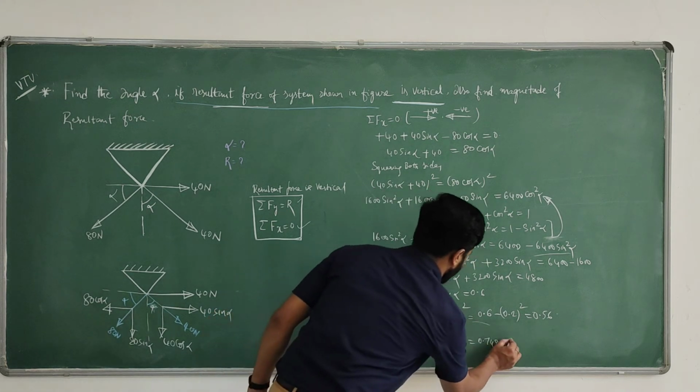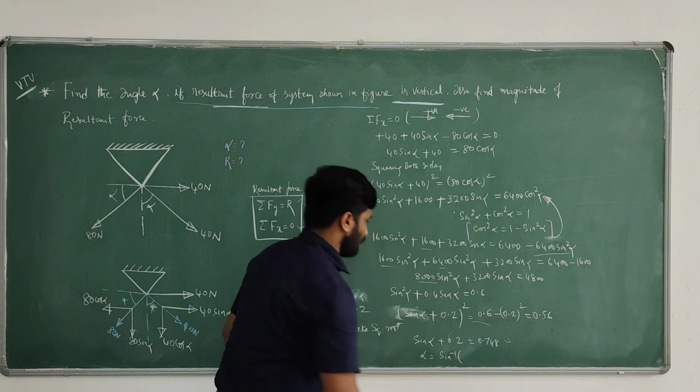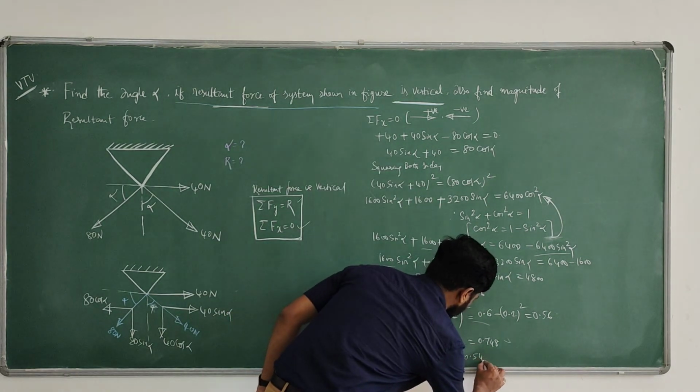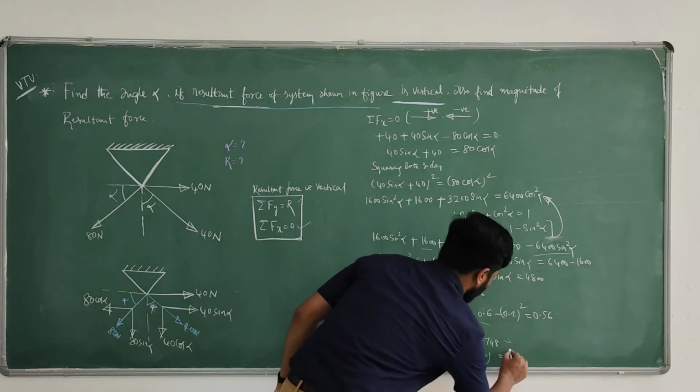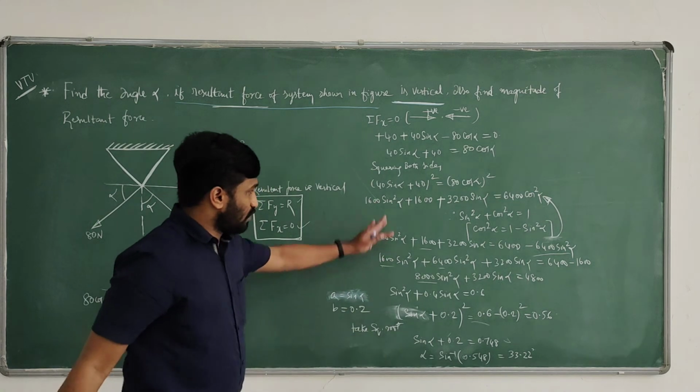Now you take this side, it will become minus. So you are getting alpha equals sin inverse of 0.548. So how much is the alpha value? 33.22 degrees.